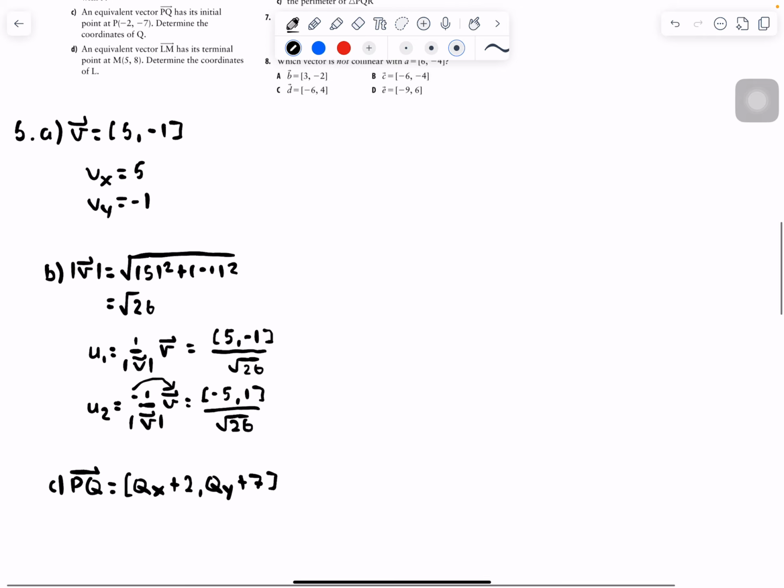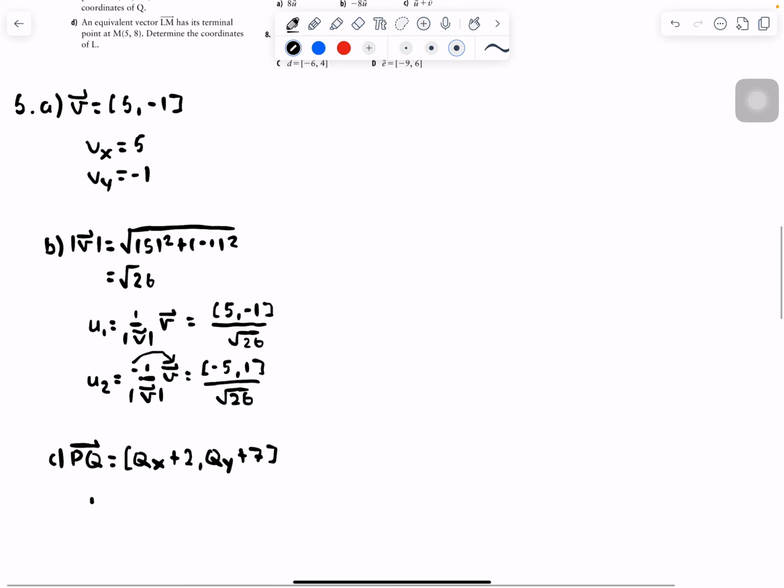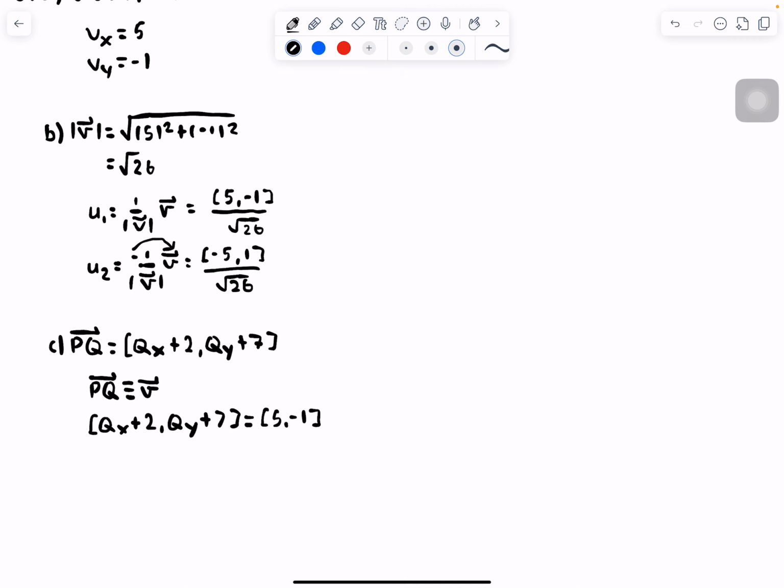All right. But we know that vector PQ is equivalent to vector v. So then (Qx + 2, Qy + 7) equals our vector (5, -1). So we get two equations we can solve. Qx plus 2 equals 5, and Qy plus 7 equals -1.